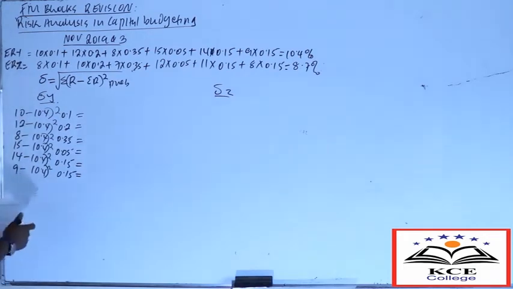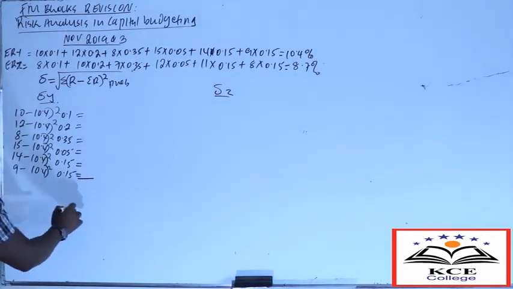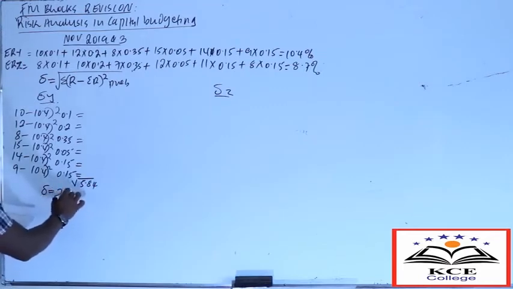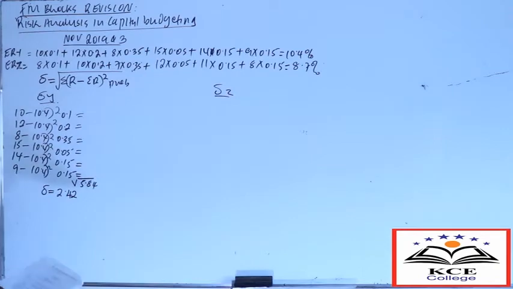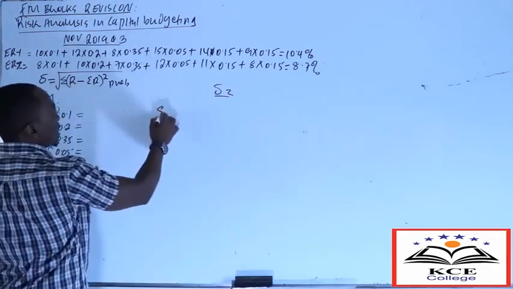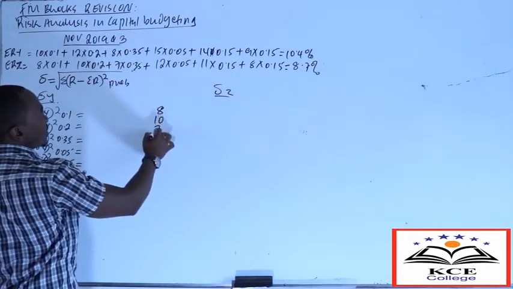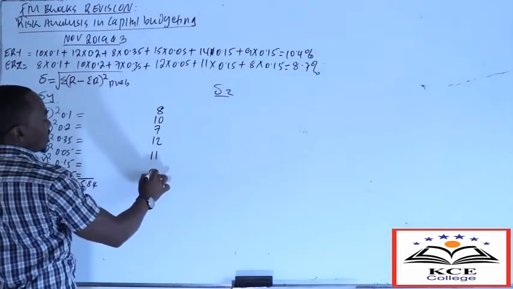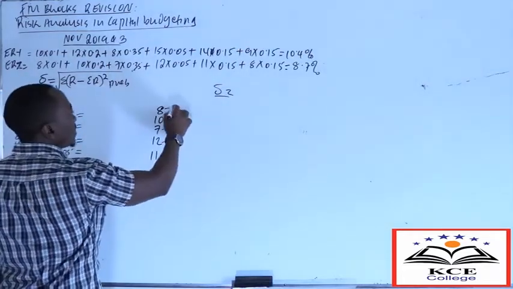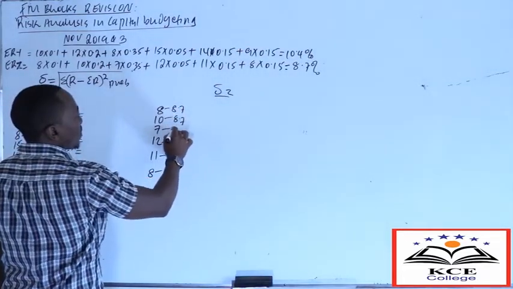I just need the totals here. The total is 5.84. Once you get the total, you take the square root. Therefore the standard deviation for Y is 2.42. Now let's determine the standard deviation of Z. You take the returns of Z: 8, 10, 7, 12, 11, 8. You deduct the expected return of Z, which is 8.7.